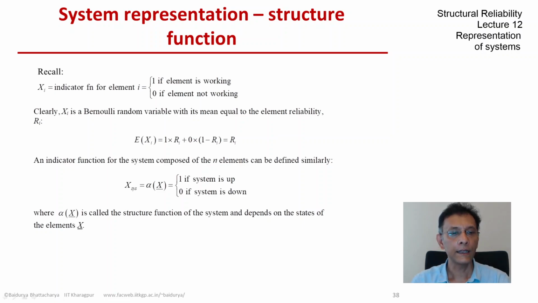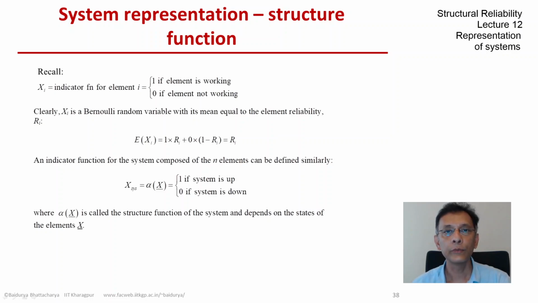Now, can we actually have a similar representation for the system, which would be equal to 1 when the system is up, and would be 0 when the system is down? And not only that, could that function be given in terms of the element states, the element indicator functions, the x's?